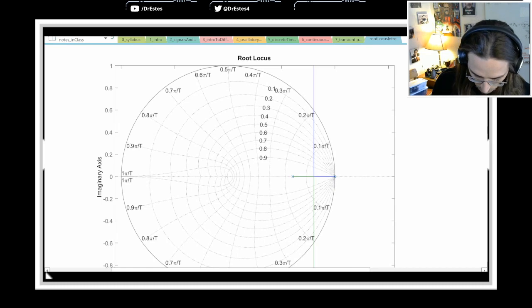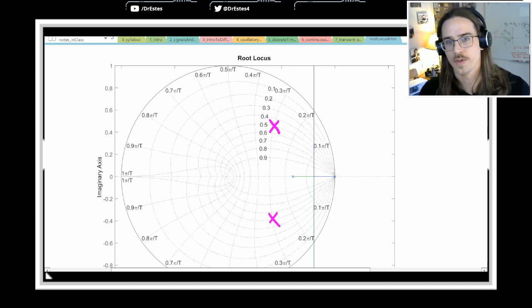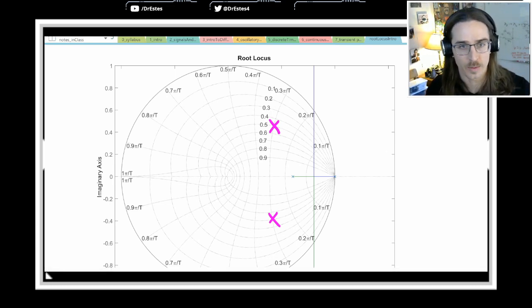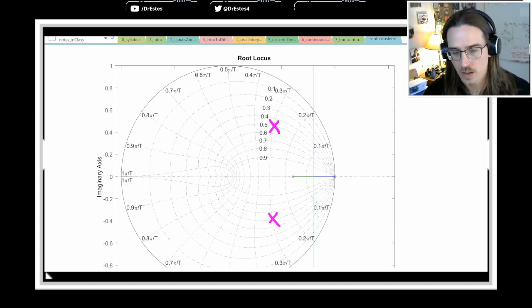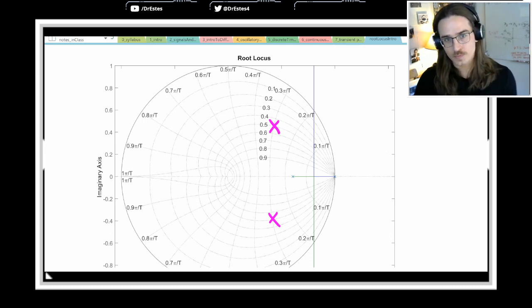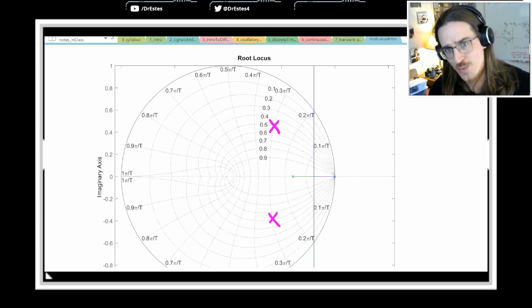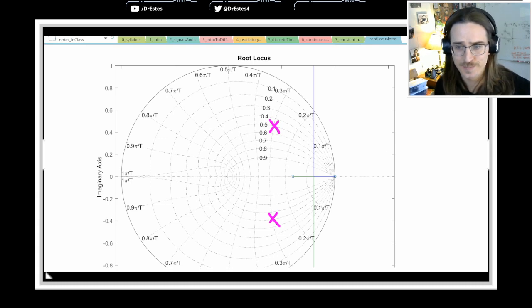For example, what if I want closed loop poles like here? Let's try to make this symmetrical on the other side. Those two closed loop poles are not on that root locus. There's no value of K that I can provide that'll make the root locus pass through these points. So what do you do then?